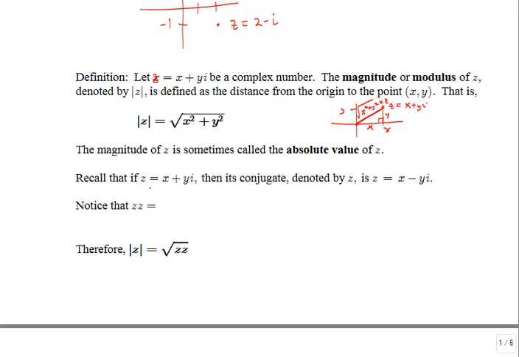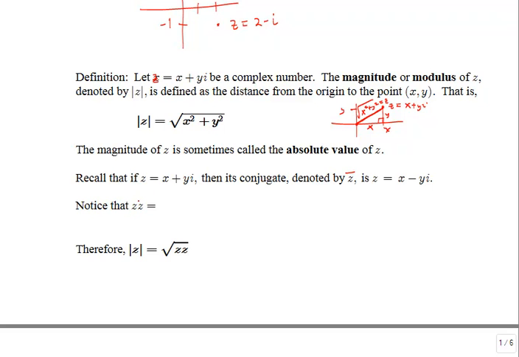Now remember, if z is equal to x plus yi, then its conjugate is x minus yi. It looks exactly the same, but the signs in between are opposites. When we talk about a conjugate, we use this notation with a z bar. We put a little line segment right above z.